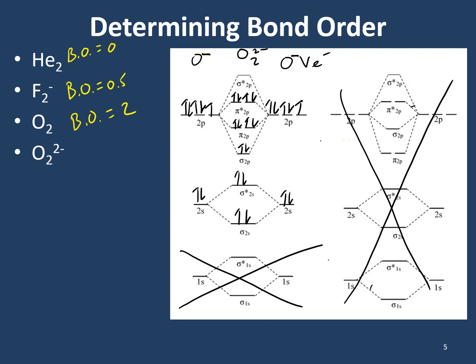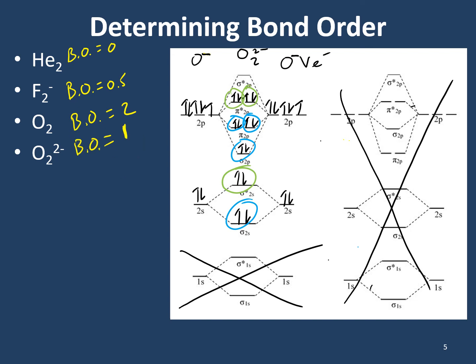And again, we can calculate our bond order here. Bond order is going to be equal to our bonding electrons, 2, 4, 6, 8 still, minus our anti-bonding electrons, 2, 4, 6, divided by 2. This gives me a bond order of 1 instead of 2. So we see a decrease in our bond order because we added electrons to an anti-bonding orbital.